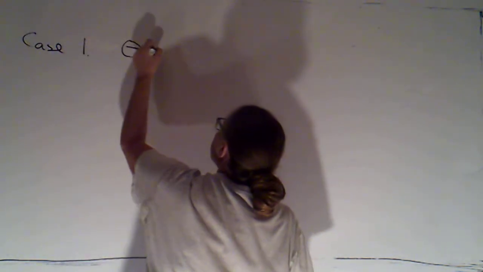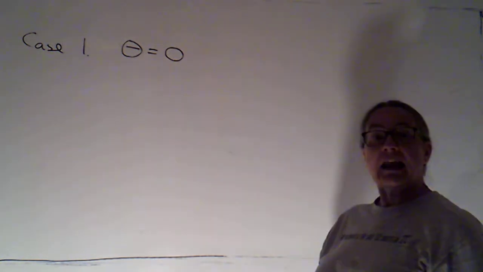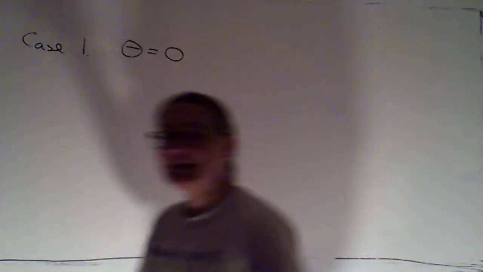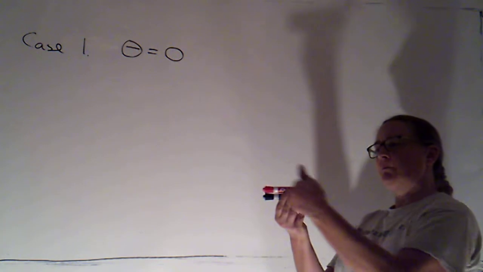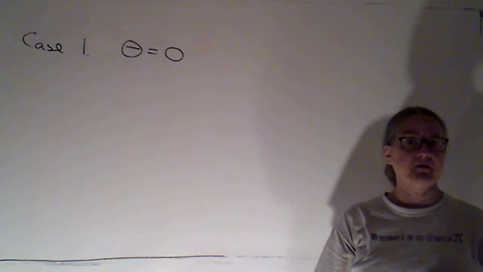So case 1 will be if theta is equal to 0. So that's going to be when I have 2 vectors that are pointing in exactly the same direction, so that the angle between them is 0. Here, both of these vectors are pointing to the left. They're making an angle of 0.